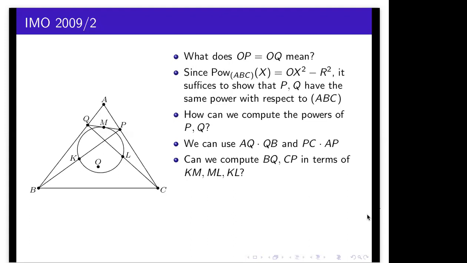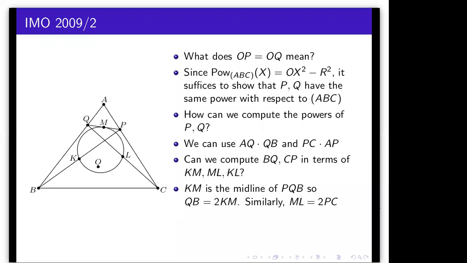Yep. So as we all pointed out in the chat, MK is a midline of triangle PQB, since its endpoints are midpoints of the respective sides. So BQ is just twice MK, and likewise PC is twice ML. So now we have expressions for BQ and PC.